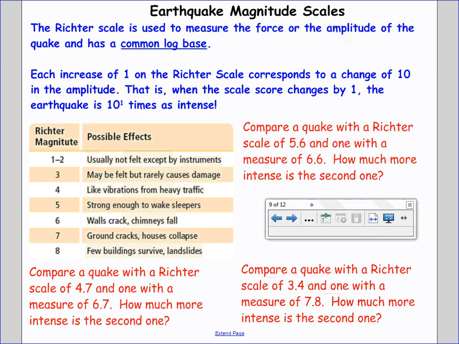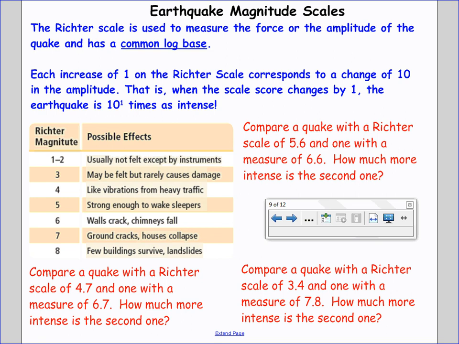Let's take a look at another application, the earthquake magnitude. The Richter scale measures the relative intensity of earthquakes, so that we know if we're dealing with something that might be felt but rarely causes damage, to something that causes cracks in chimneys or foundations, to something where houses collapse.